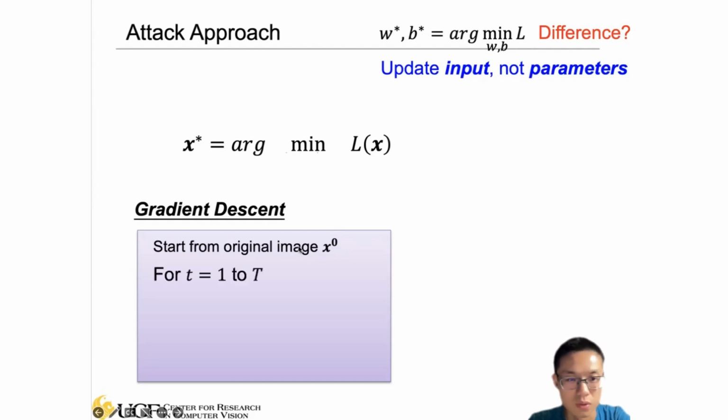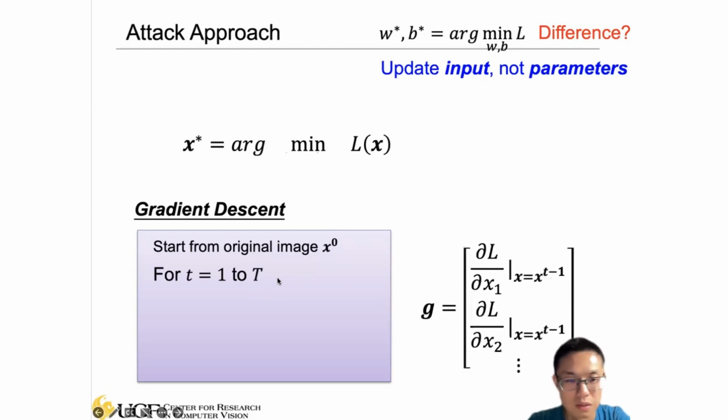Okay, so we start with the original image x0 here, and we can do this for a couple of iterations. Here we can define t iterations or t training epochs, and we use gradient descent. We compute the gradient with respect to the pixel values of the input.